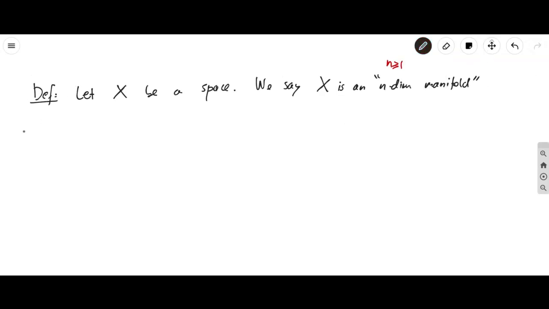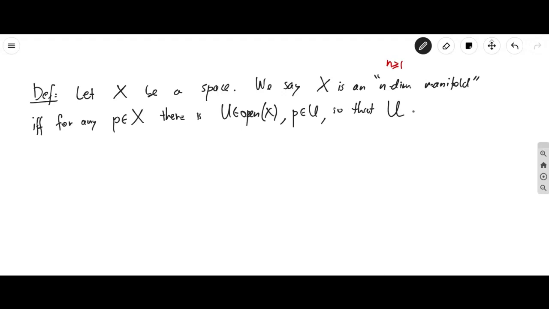X is an n-dimensional manifold if and only if. So I'm going to write down the important part of the definition. This is the important part. And then there's a continuation of the definition, which is like the non-pathological part of the definition. But this is the one that you really care about. It basically says this: if and only if, for any point P in X, there is an open set U in X containing the point so that U is homeomorphic with Rn.